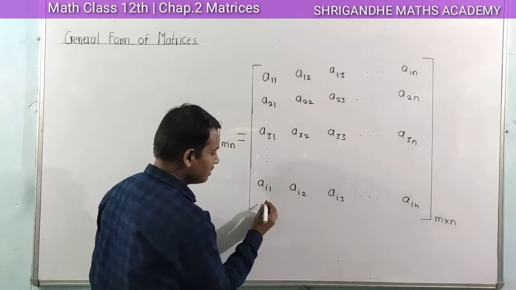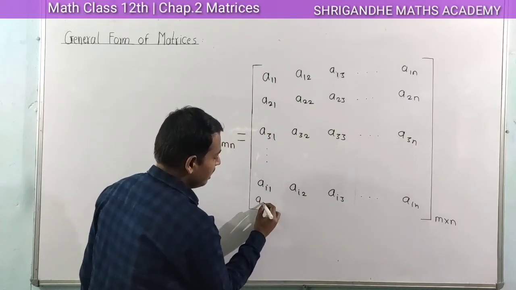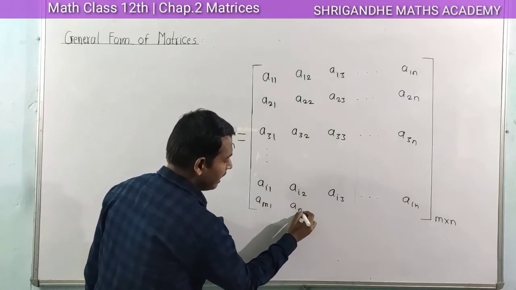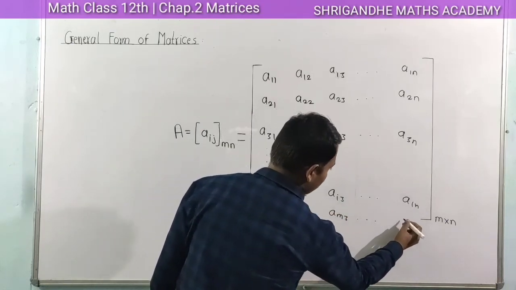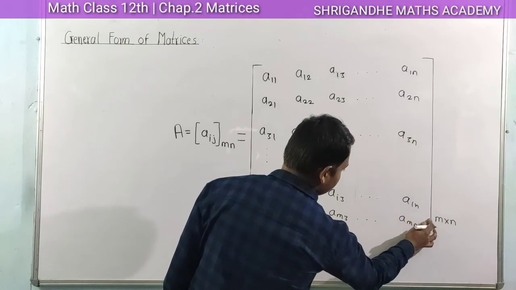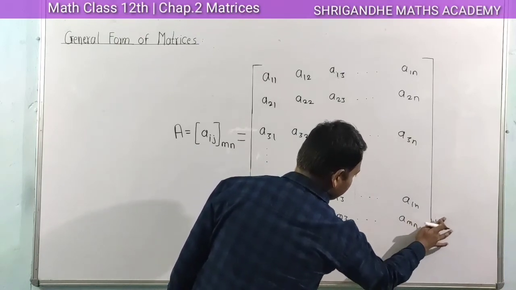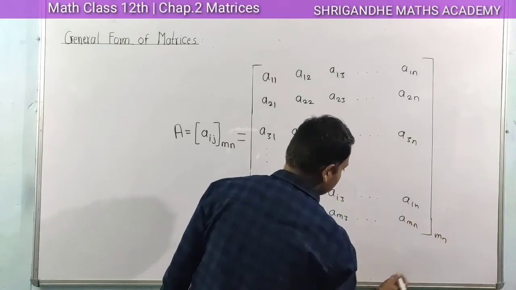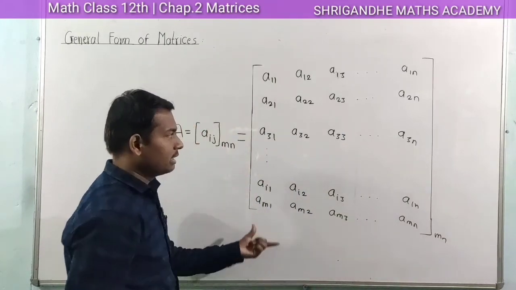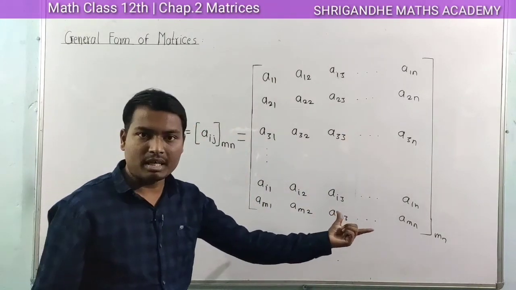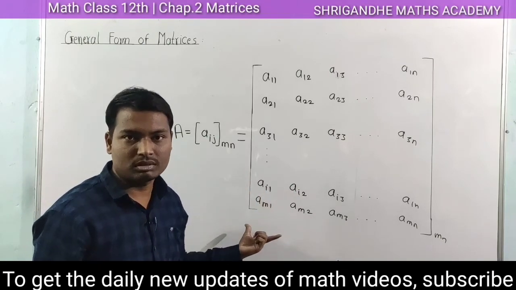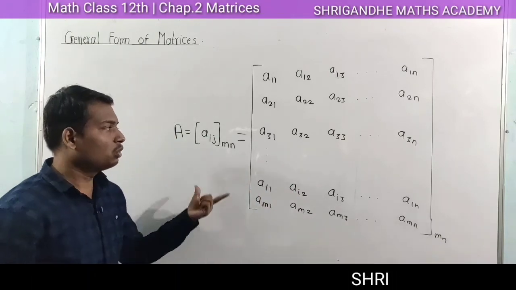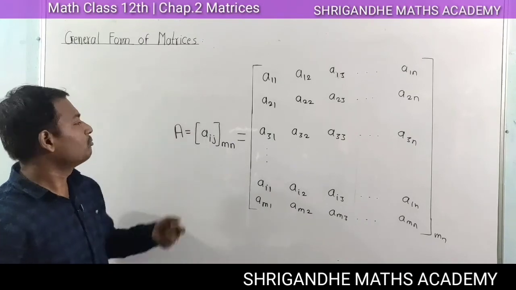And the last row is Am1, Am2, Am3 and so on up to Amn. Clear? Therefore this is the matrix of order m by n, called the general form of a matrix having m rows and n columns. Note down this part: general form of matrices.